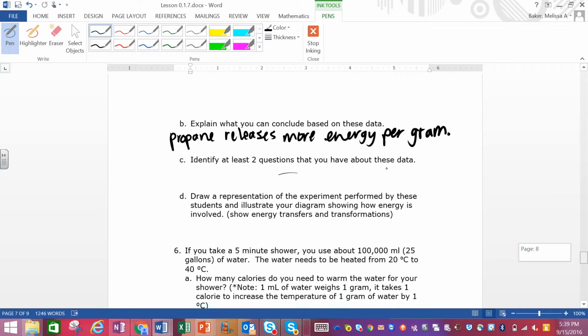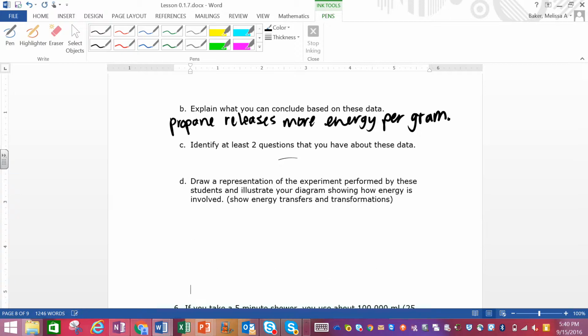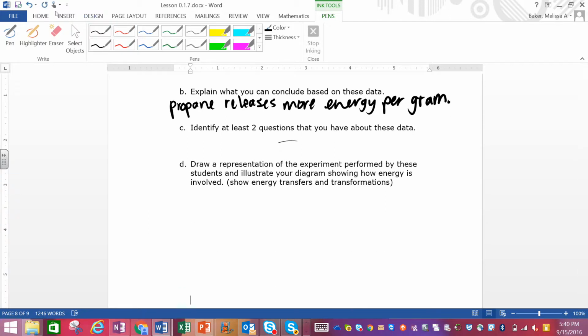And then number 6, draw a representation of the experiment and illustrate to show how energy is involved. We've done this quite a few times already, so hopefully you're getting a little more confident with these diagrams. So again, I'm going to show my can of water with my fuel burning underneath it.